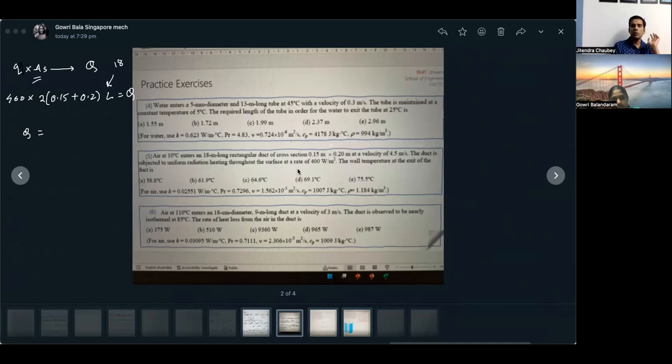See, this is the surface area, because it says uniform heat radiation throughout the whole surface area of the pipe. If there's a duct or a pipe, in this case it is heating the fluid.